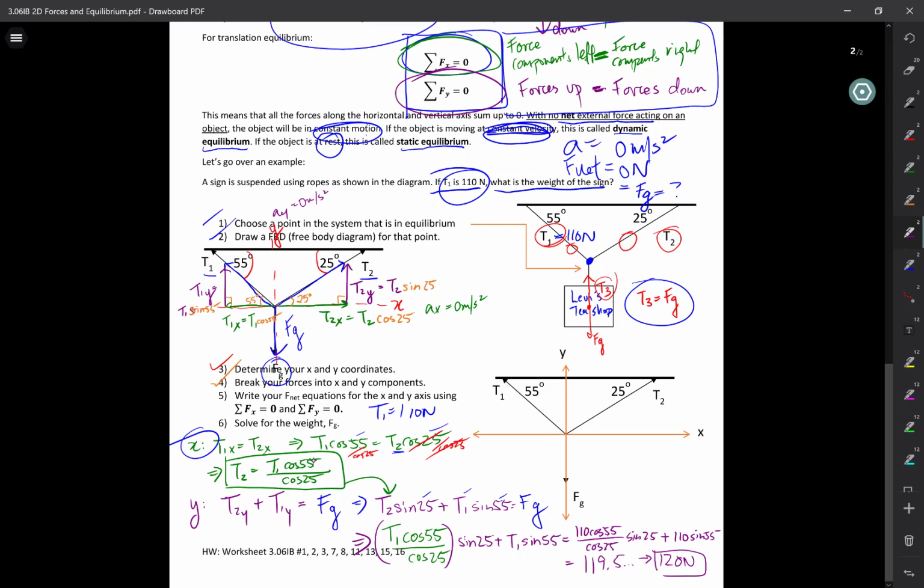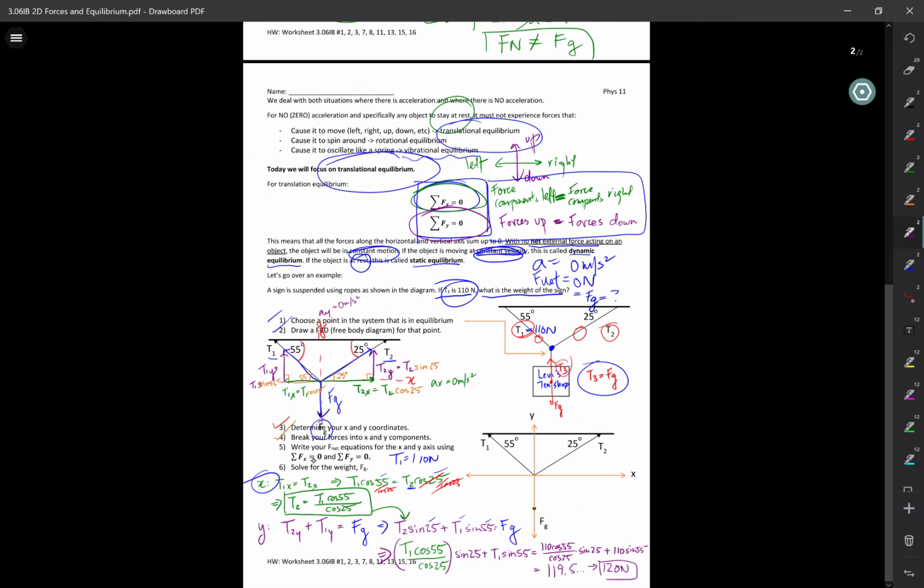From that point onwards, you can then say, well, is my object accelerating along that axis and the other axes? If it isn't, you have an equilibrium case, a translational equilibrium case, which you can apply the sum of all forces equal to 0. And when you do that, the shorthand is saying that the forces in one direction equals the forces in the other direction along that axis, instead of writing your whole F-net equation down.